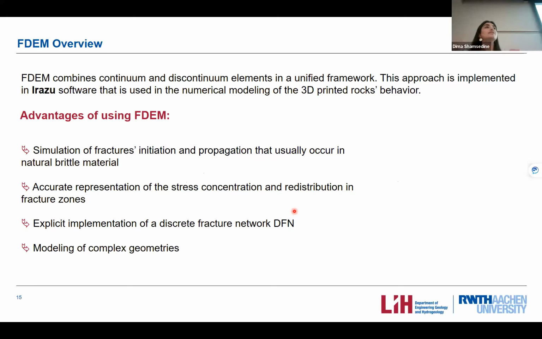Moreover, it allows the explicit implementation of the discrete fracture network inside the samples, which is also a very good advantage. And finally, it allows us to model complex geometries, regardless of the complexity of the geometries.